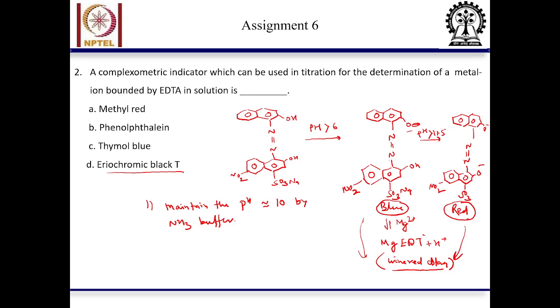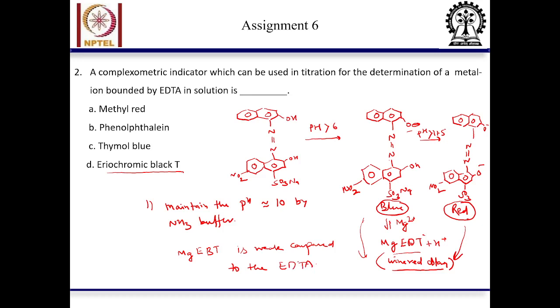In the deprotonated form it is blue. Once it binds the metal, it forms your magnesium EBT compound. One more important thing: this magnesium EBT complex is weak compared to the EDTA.